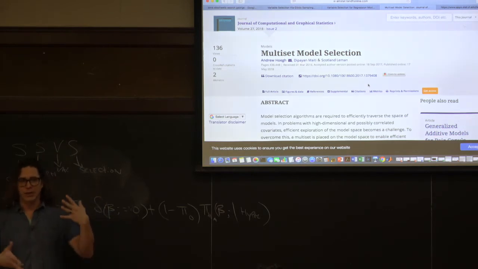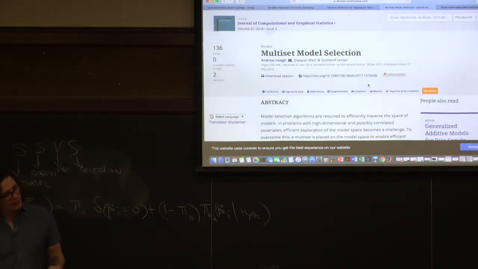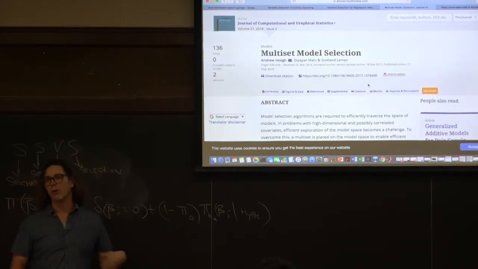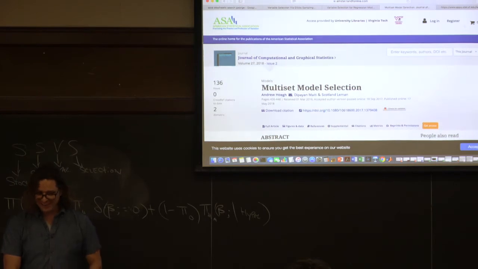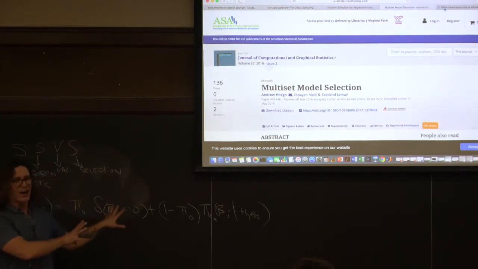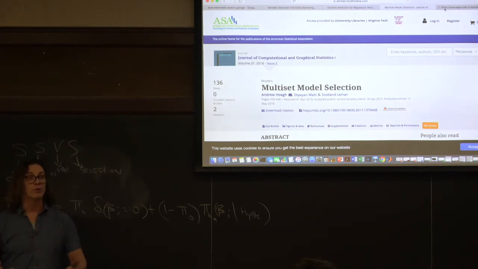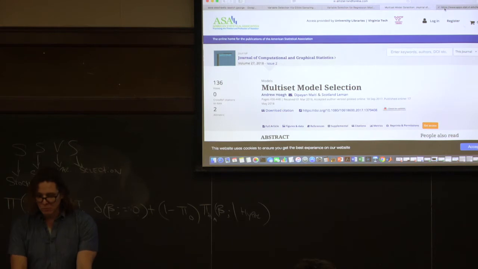So I had done something where I have this neat MCMC algorithm, and I showed how to adapt SSVS to Kuo and Mallick's framework. That's what I do for a living. And that's why I get paid. Basically, you take other people's stuff and you generalize it again, and you show a computational advantage in something. So that's kind of the universe I do research in.